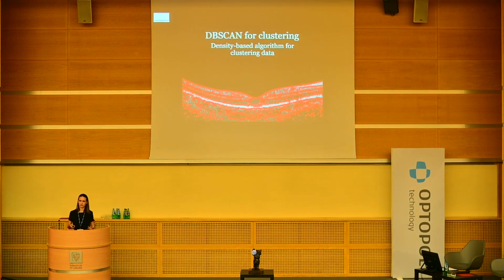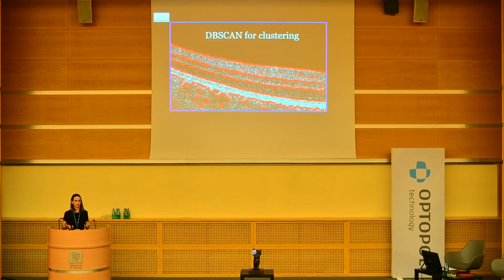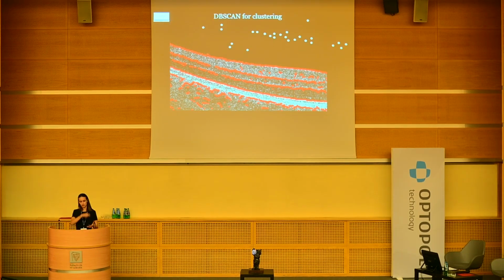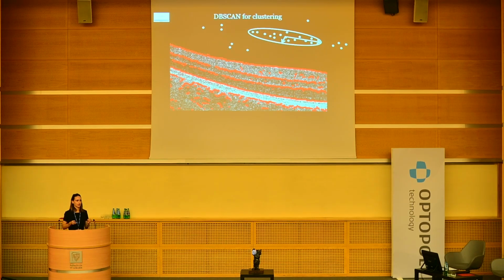DBSCAN is a density-based clustering algorithm whose main assumption is that clusters are the regions in space of higher density surrounded by regions of lower density. There are two main parameters of the DBSCAN: the epsilon and the minimal number of points.